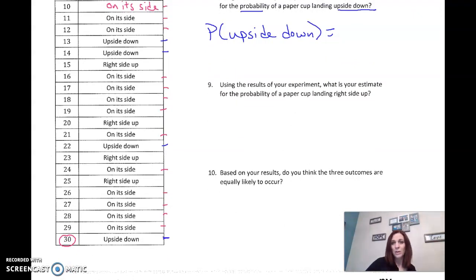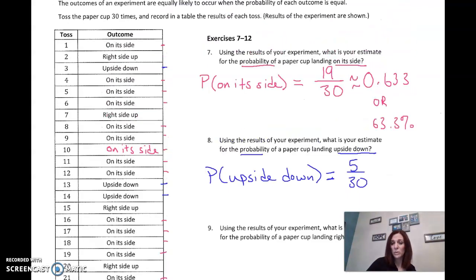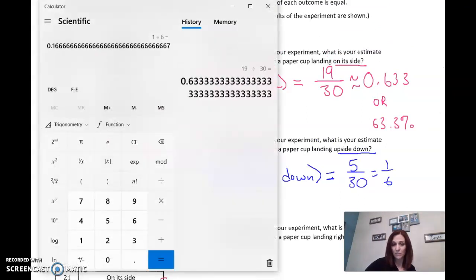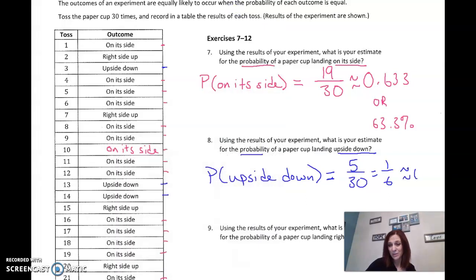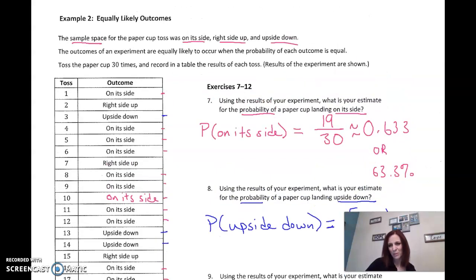Okay, so upside down, it happened 5 times out of, again, the total of 30, which reduces down to 1/6 or 0.16 repeating. So you could say that's approximately equal to 0.1666. No, I won't do it that many times. I'll just say approximately equal to 0.166 or 16.6%. Anything of those.